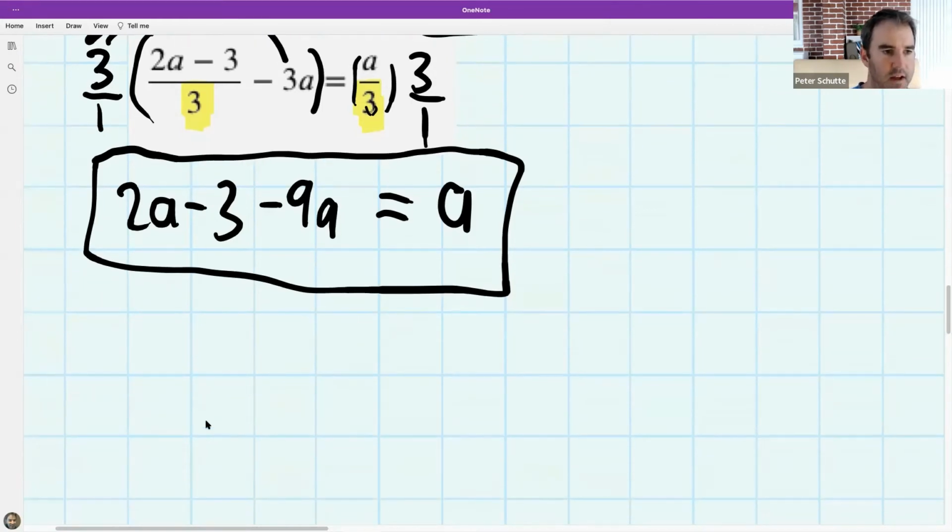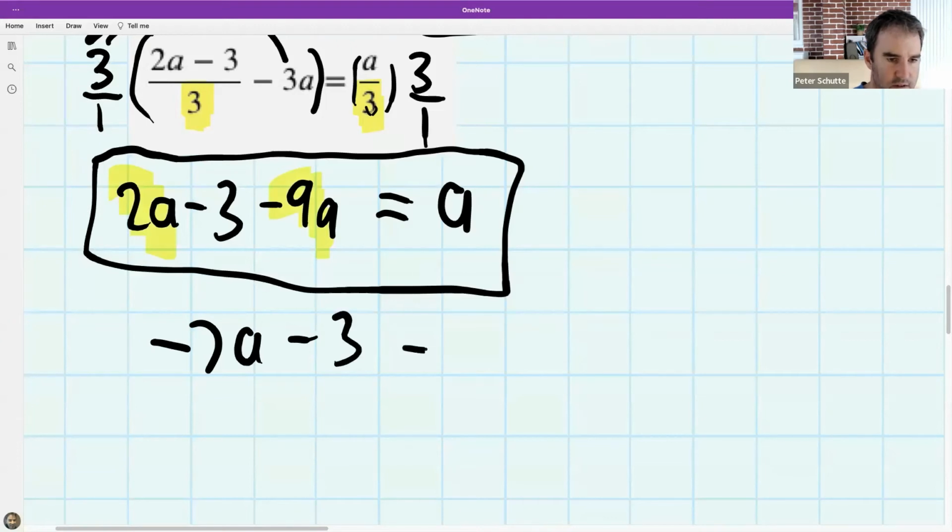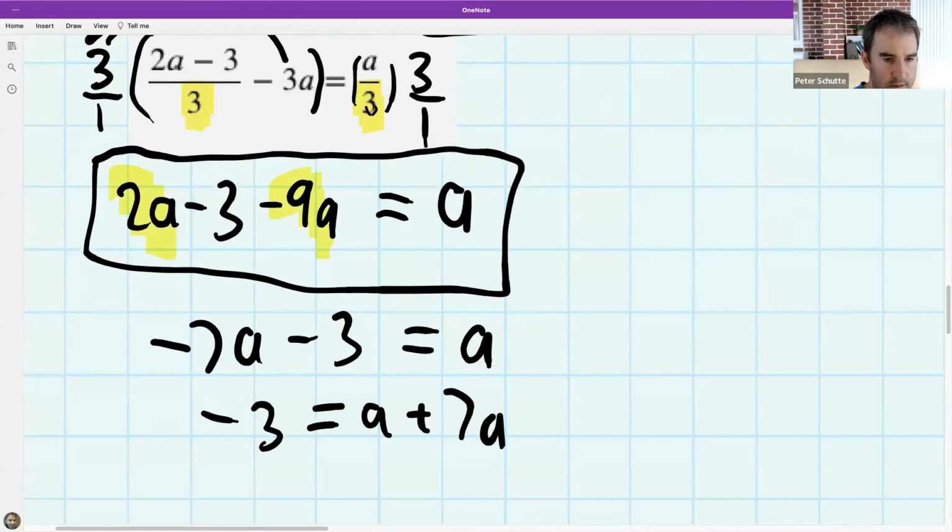So if I clean things up, I'm going to clean up this first, and I get minus 7a minus 3 equals a. If I add 7a to both sides, I get a plus 7a.